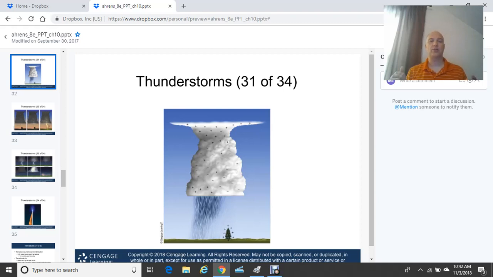Directly beneath a thunderstorm cloud, you get a positive charge. So with the positive charge, lightning actually works its way, surprisingly, from the ground up to the base of the cloud. Positive charge generally moves towards a negative charge in the lower part of the thunderstorm cloud. That creates that stepped leader.